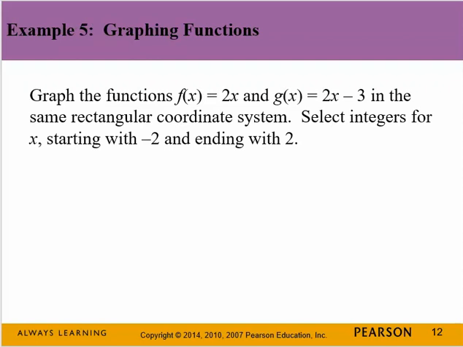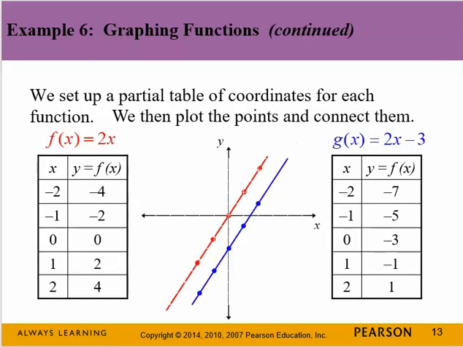So here, for example 5, we're asked to graph this function f and this function g on the same rectangular coordinate system. Select integers of x starting with a -2 and ending with a 2. So again, this is example 5, and then this is what we're looking for.